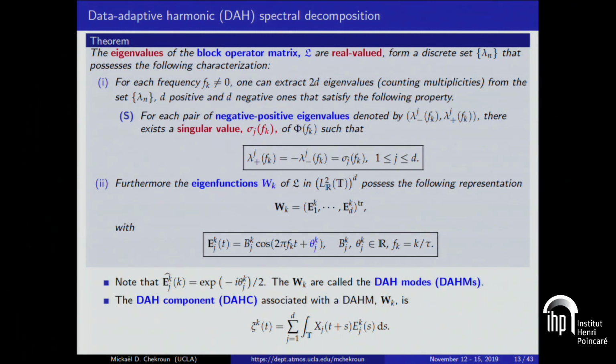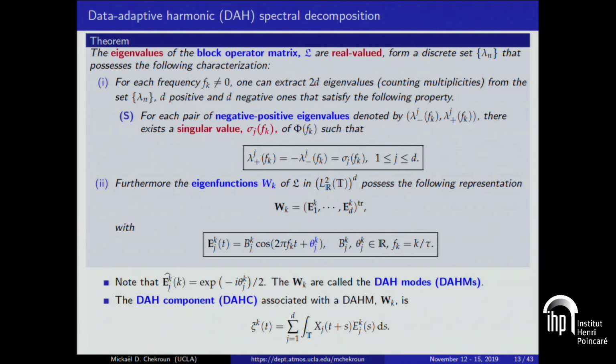So the lambdas give me more or less a notion of energy contained in the signal, and the modes have an analytic expression, where the phase spectrum goes into the modes. So you have your phase information and your energy information contained in this spectrum.